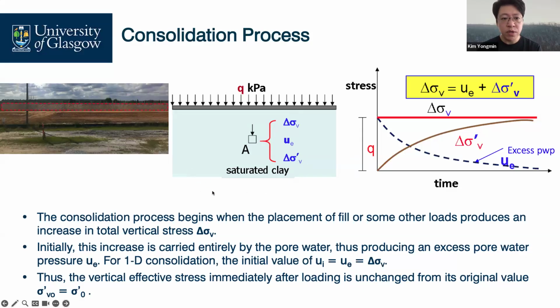Let's assume we have a porous layer here and here. With only the bottom one, water squeezes out only this way, but it's going to take a longer time. So regardless of the drainage layers, this excess water pressure gradually decreases. It means that this Q is supported by water and soil, and the soil's effective stress increases.